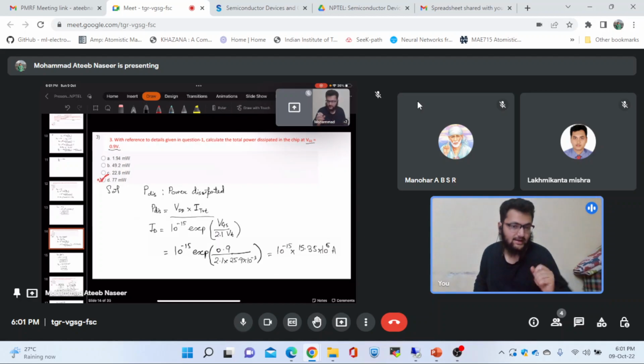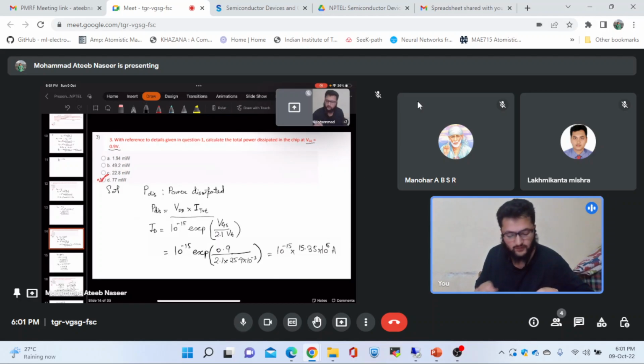It has been told that each transistor has the same VGS, so we need to find the current in one transistor at a particular bias.